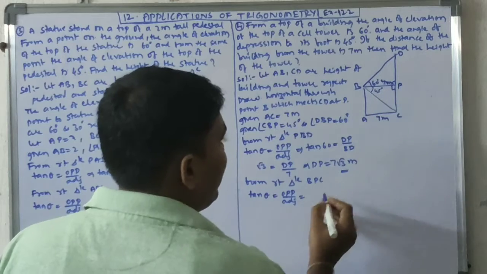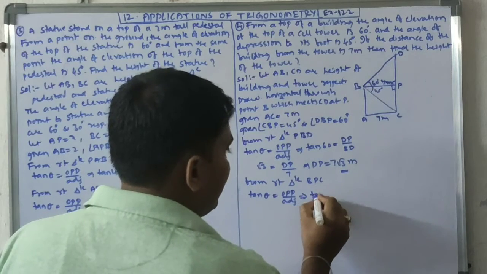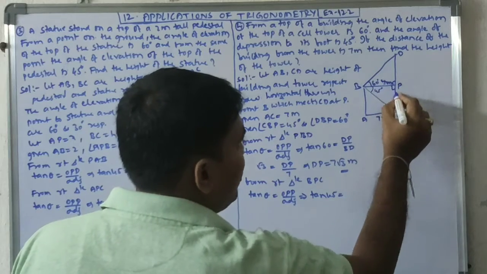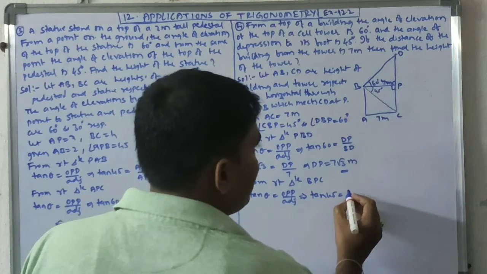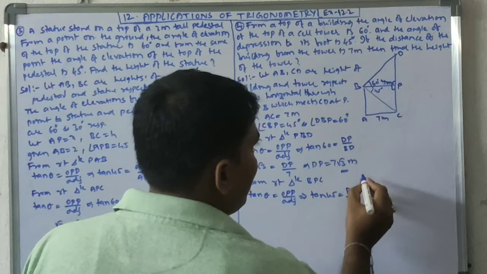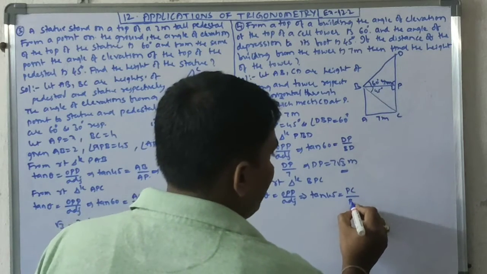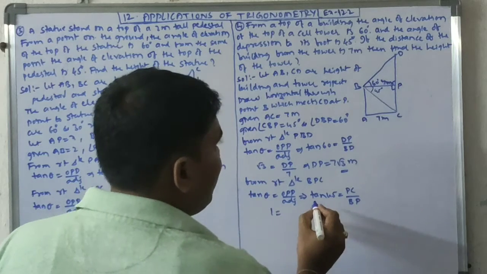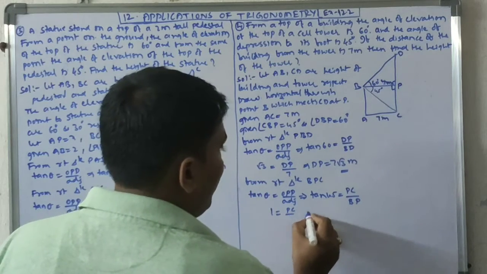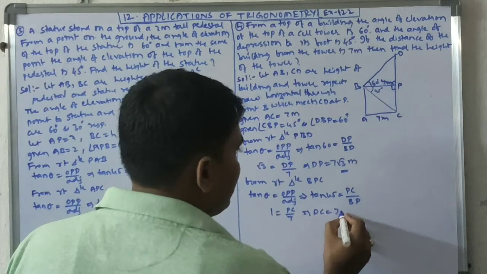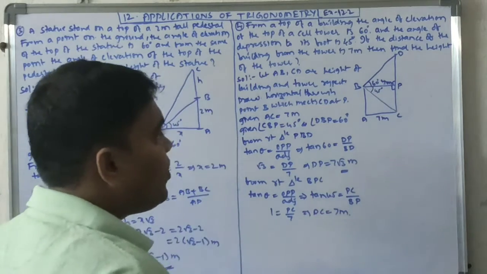Tan 45 equal to opposite PC by adjacent BP. Tan 45 is 1, PC we don't know, BP is 7. So PC equal to 7 meters.